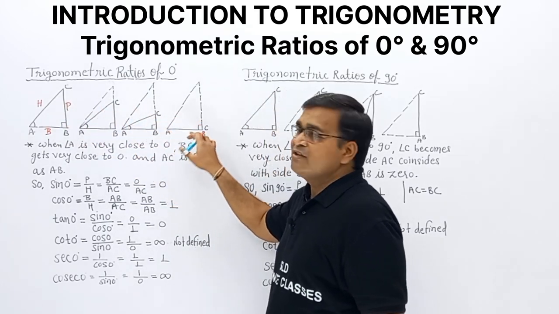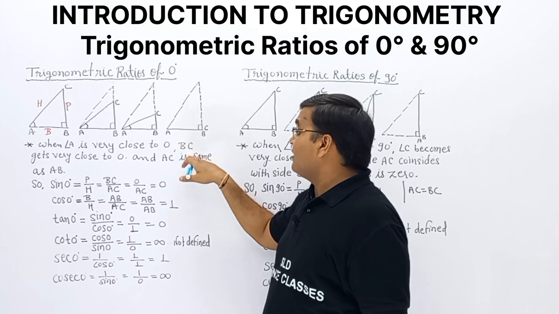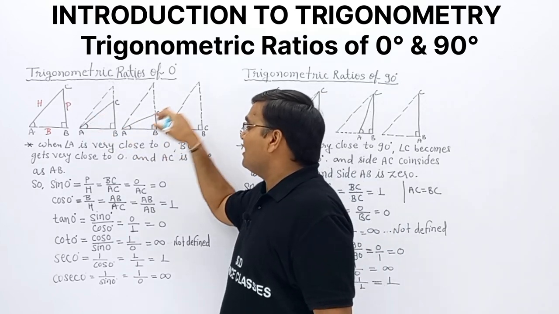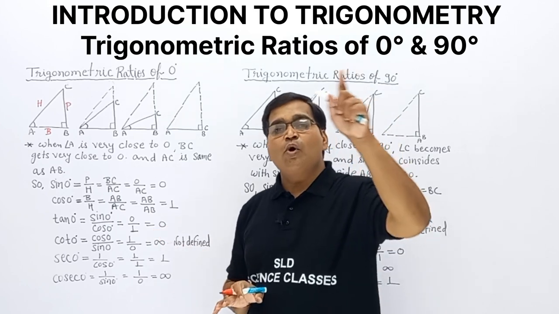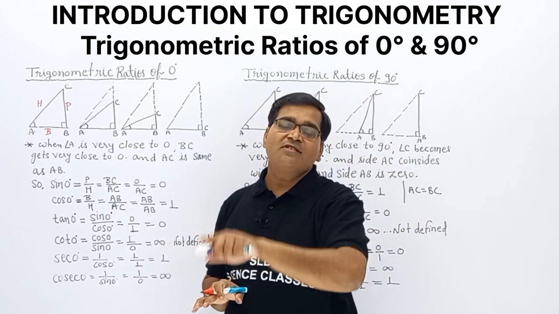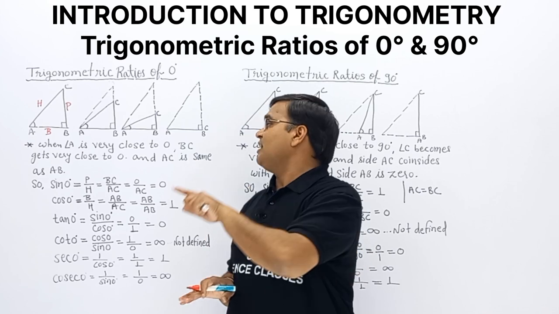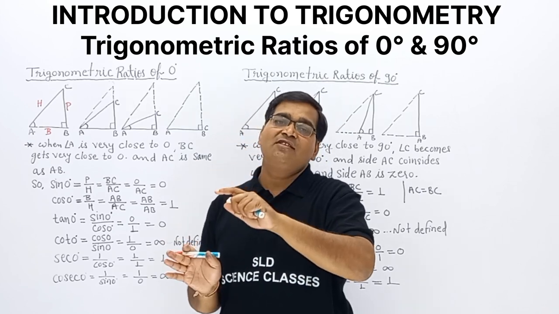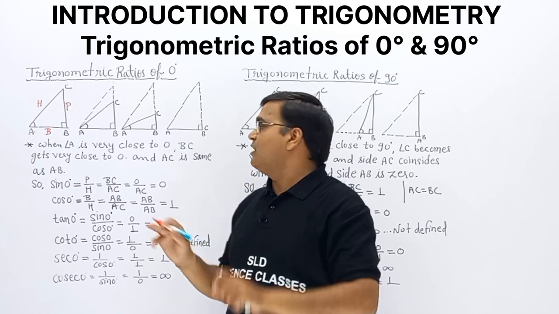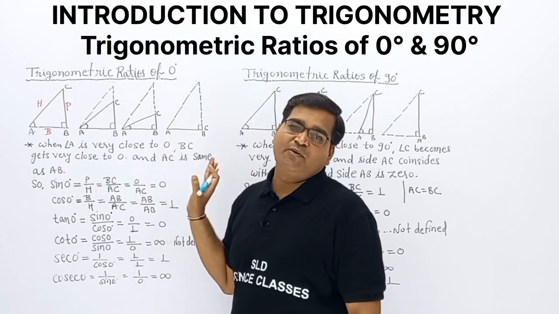Finally, this line AC coincides with AB. It means they exist together. AC and AB both will be equal.